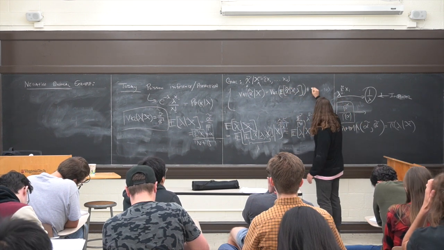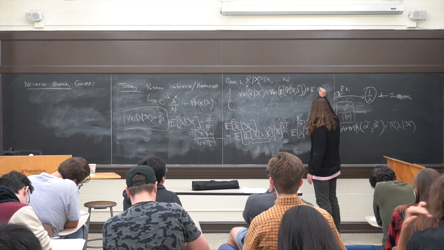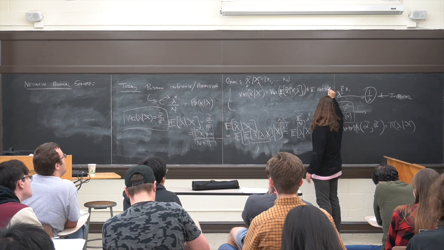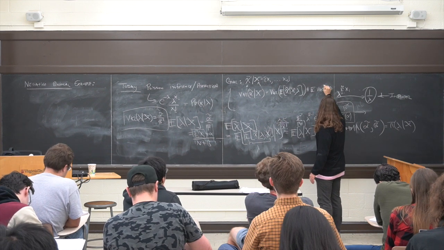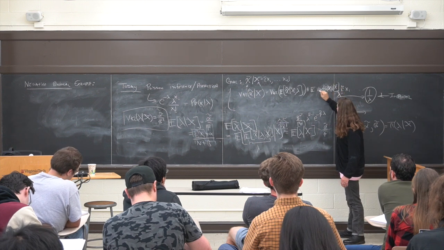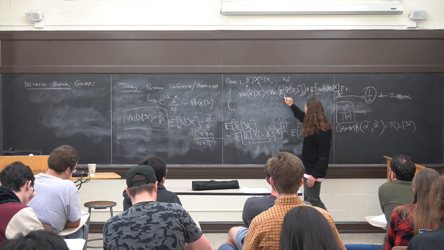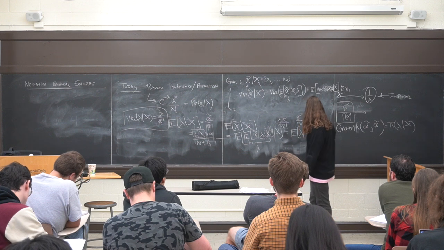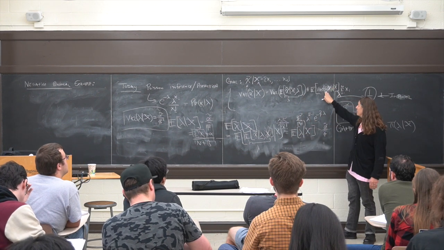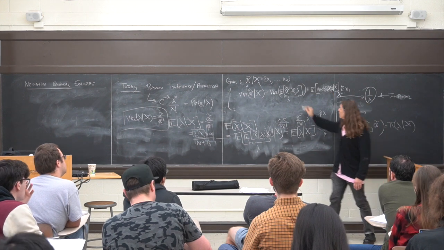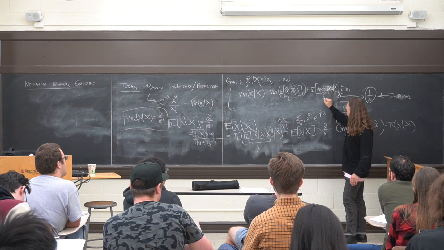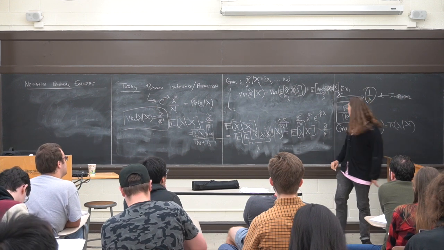I'm going to add this to the expectation of the variance of x tilde given x, lambda, given cap X. Again, that thing is lambda. Every single time this x is going to fall out because of conditional independence. This one still falls out. That's just lambda. And luckily for us, that's lambda as well.